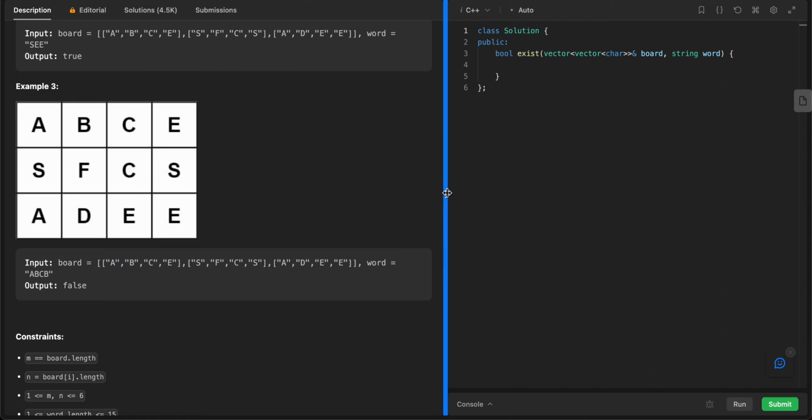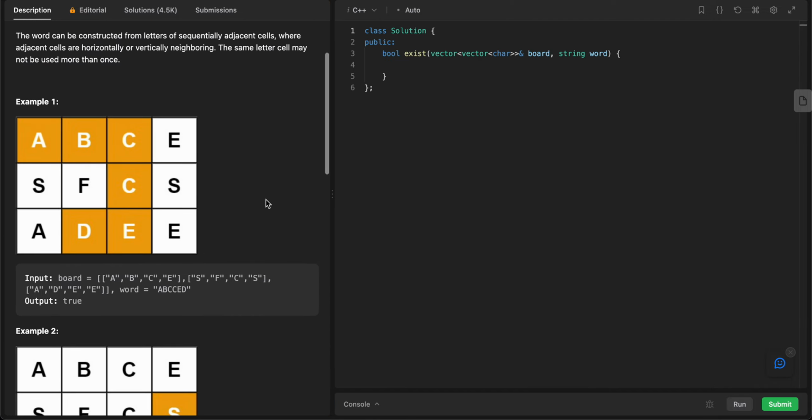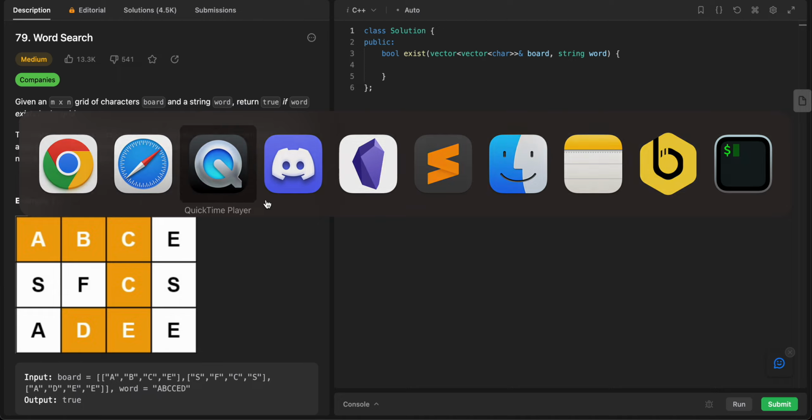How to form it? I think it's easy. We can do it recursively. So let's see how to write the recursive function. If I say solve, I'm given the word and a grid.